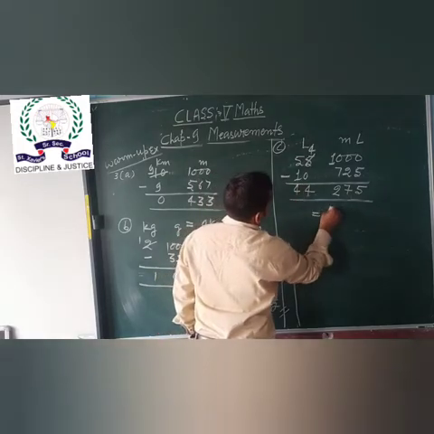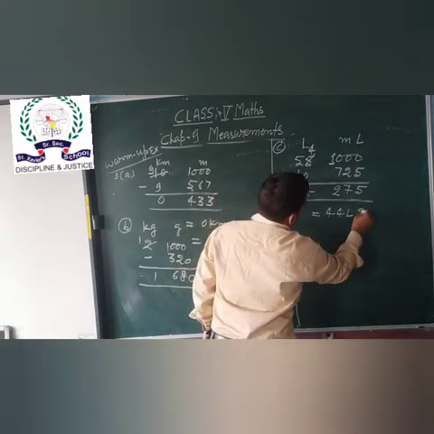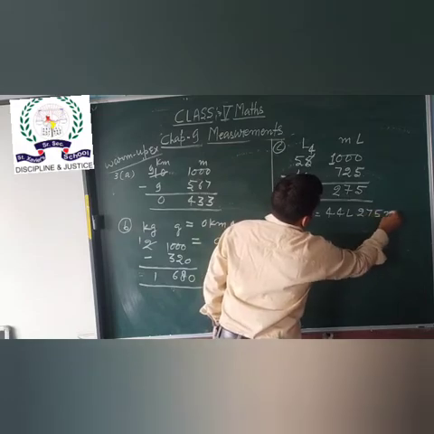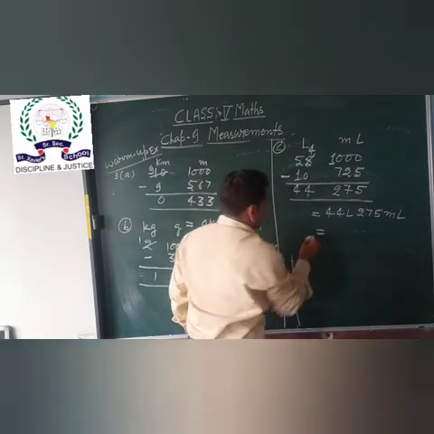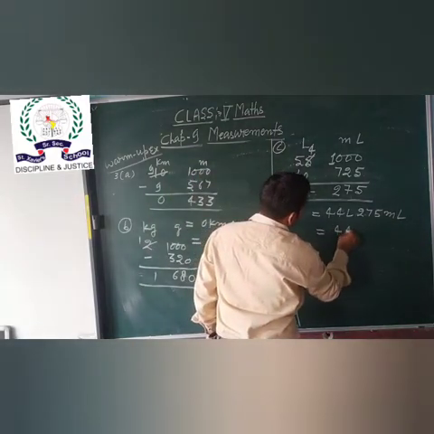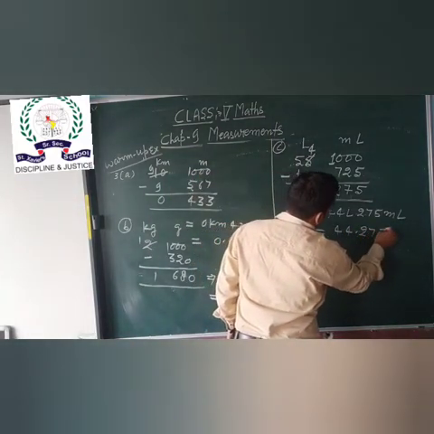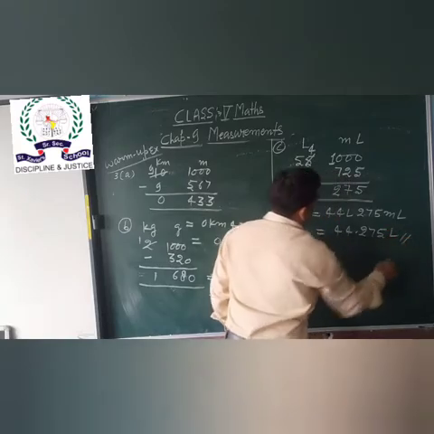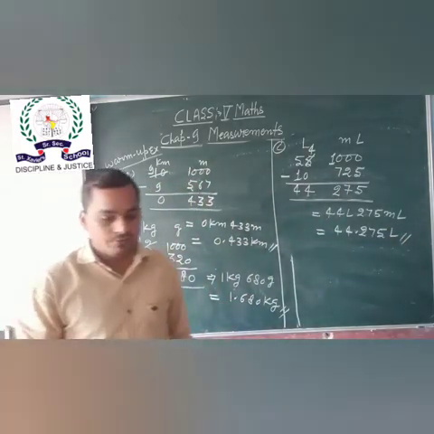So we have 44 liter and 275 milliliter. When we convert into liter, 44.275 liter.